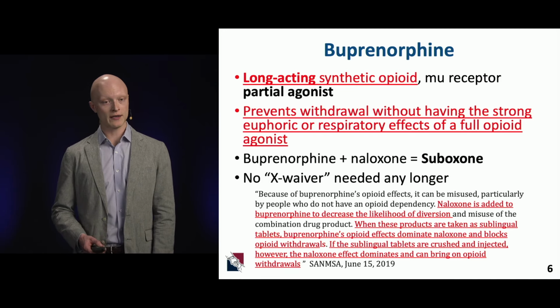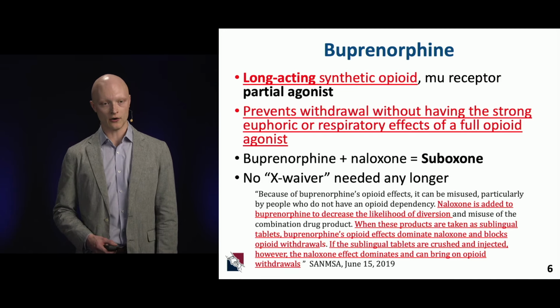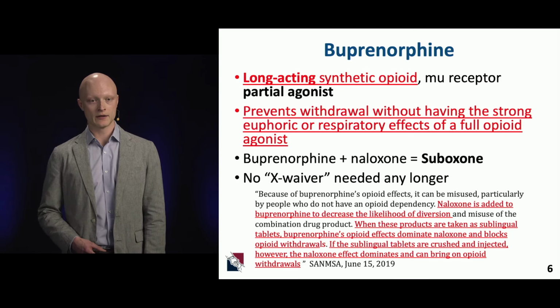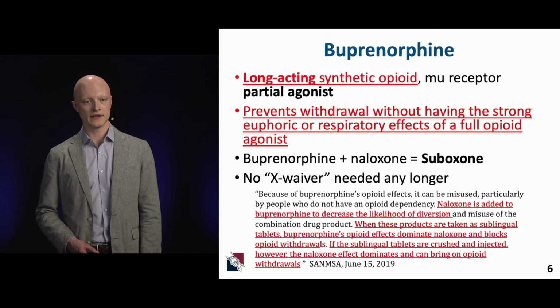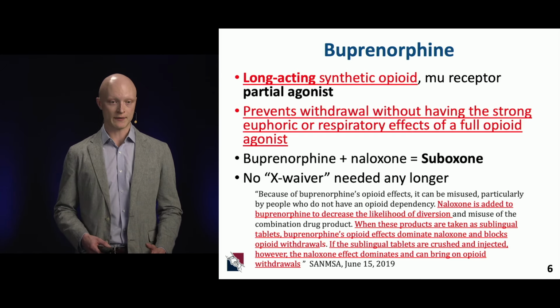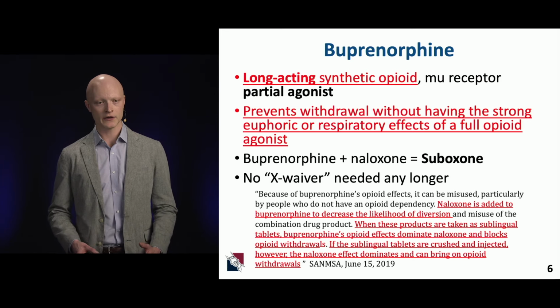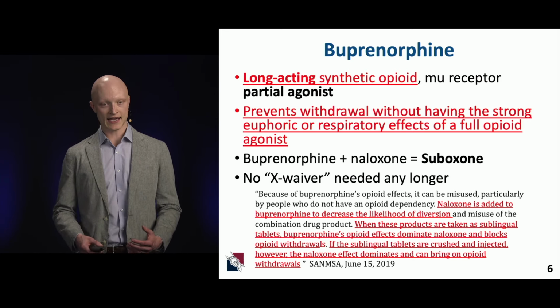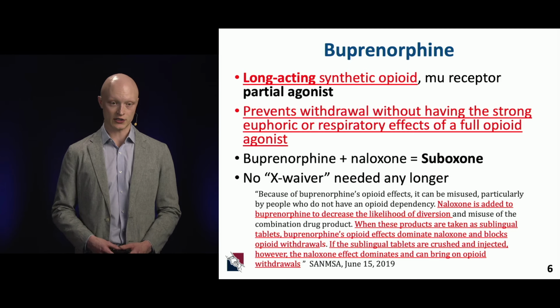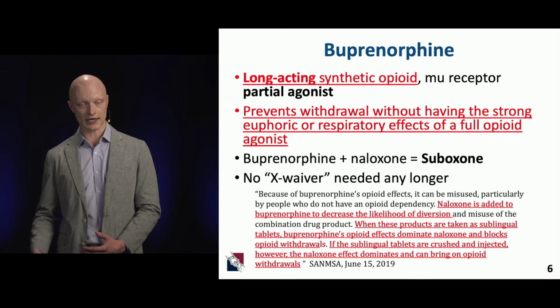Fortunately, there's a great medication that works so well for treating opioid use disorder. The medication is called buprenorphine. It is a long-acting synthetic opioid that is a mu receptor partial agonist. What that means is that it acts at the same receptor that other opioid medications such as heroin or fentanyl also work at.